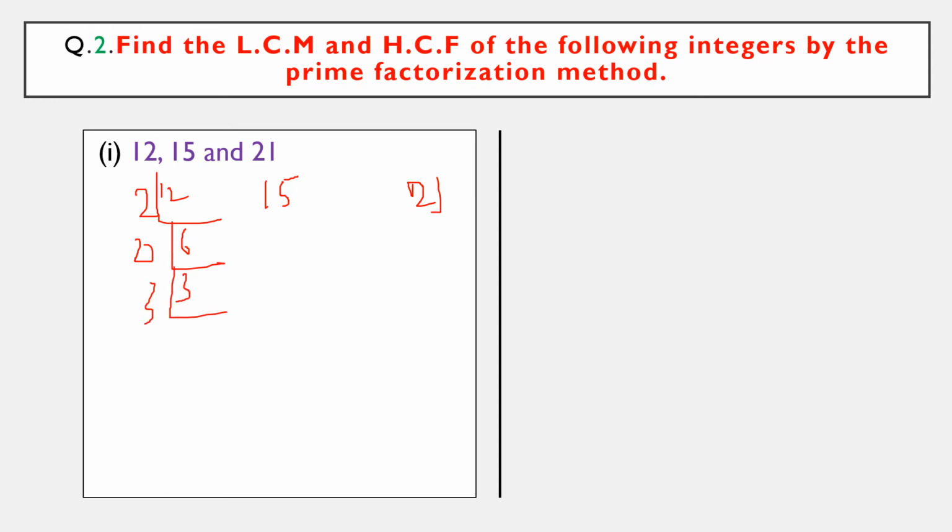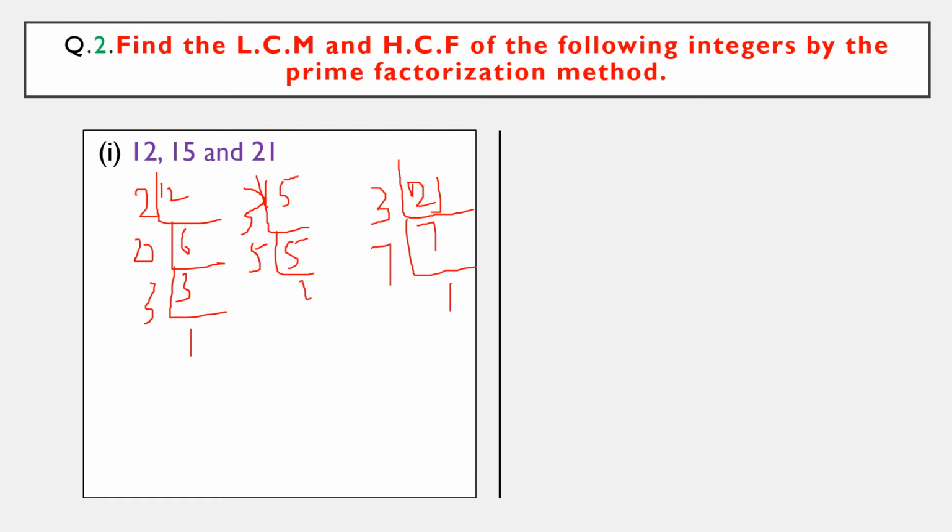So 3 ones 3. Now let me do the prime factorization for 15. So 3 5s are 15. Next, 5 is a prime number, so I can write 5 ones 5. Next, 21 goes in the 3 table, so 3 sevens are 21. 7 is a prime number, so I can write 7 ones 7.